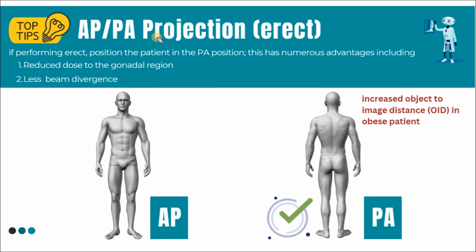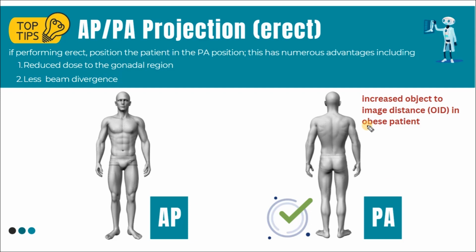So the anterior projection upright can be done in both AP and PA views. Almost all radiographers will do the AP projection, but there are some advantages of the PA method, like reduced dose to the gonadal region and less beam divergence. So it's better to do the PA projection of the lumbar X-ray.